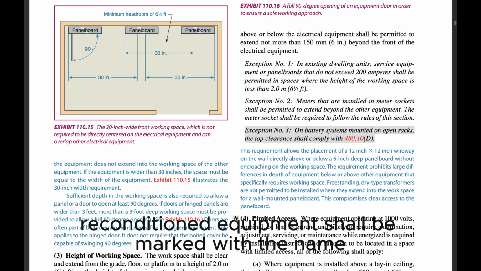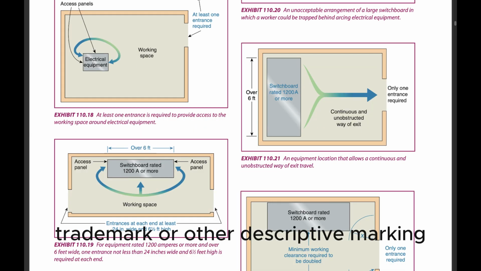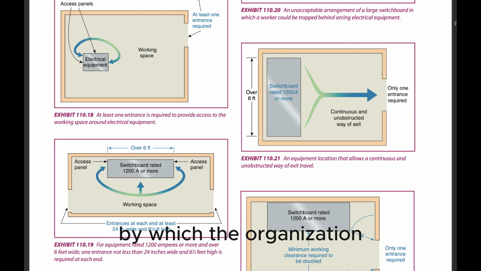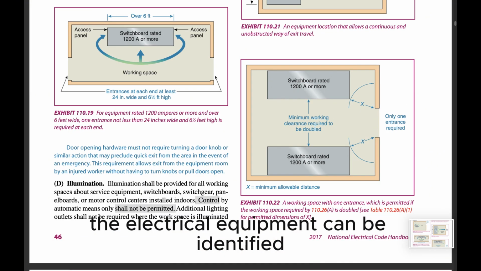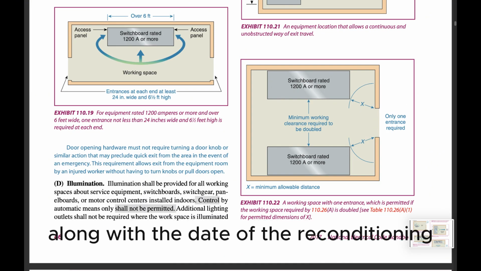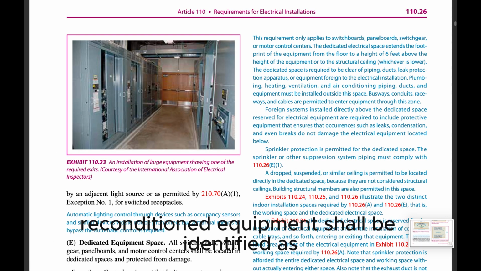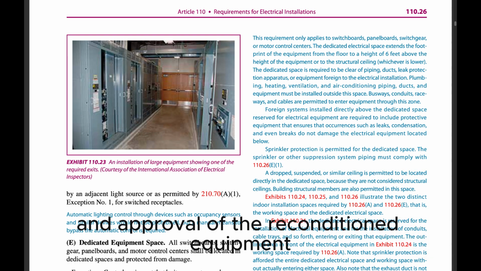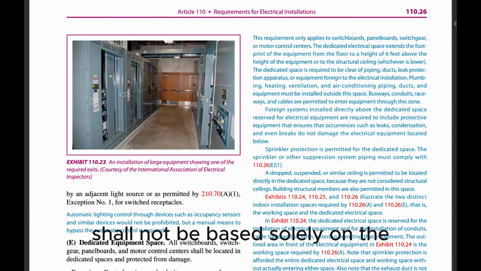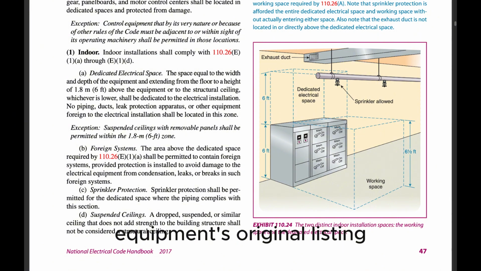Reconditioned equipment shall be marked with the name, trademark, or other descriptive marking by which the organization responsible for reconditioning the electrical equipment can be identified, along with the date of the reconditioning. Reconditioned equipment shall be identified as reconditioned, and approval of the reconditioned equipment shall not be based solely on the equipment's original listing.